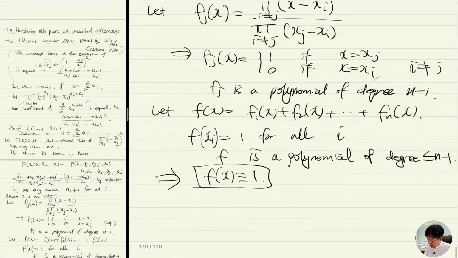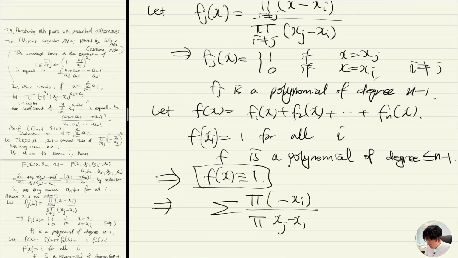So this means the sum of the product of 1 minus xi divided by xj minus xi is 1.